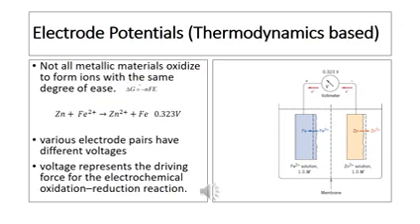And a typical setup is given in the diagram on the right. We have two electrodes in their solutions, and the solution concentration should be around 1 molar, and there's a membrane separating these two, but the membrane allows the diffusion of the ions.